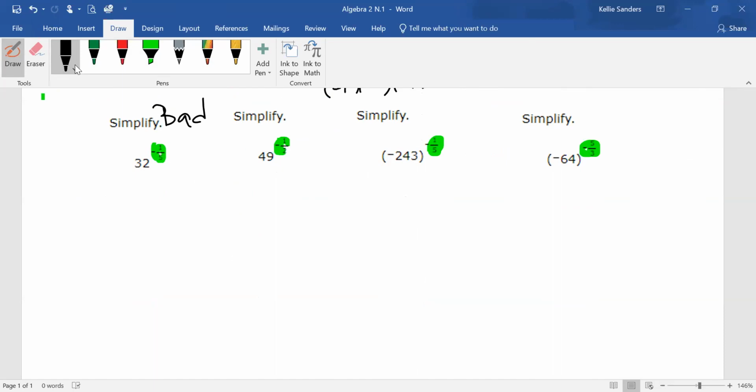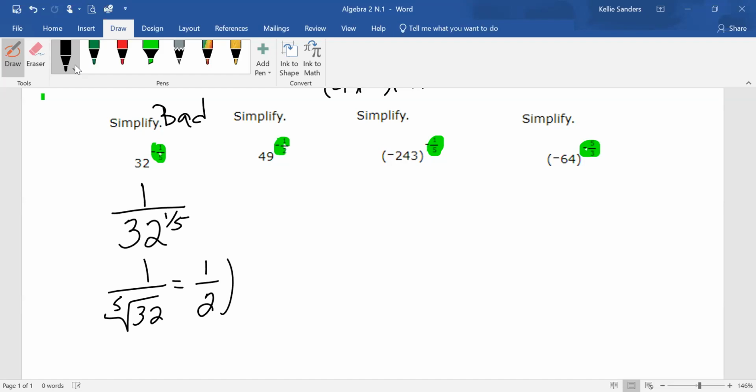The way that we get the exponent to become positive is if we flip the base, and then your exponent can become positive. So this is saying 1 over the 5th root of 32, and 5 numbers multiplied together to get 32 is 2, so your answer is 1/2.